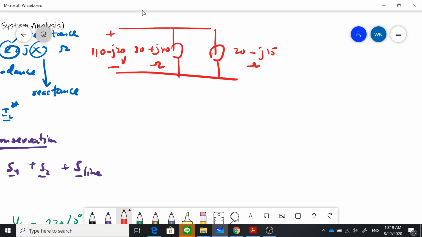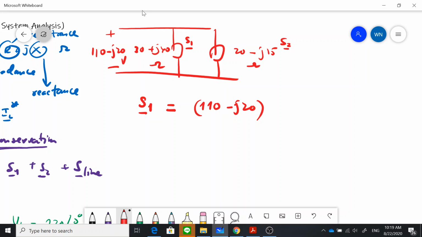Let's denote the power of this first load as S1, and the complex power of the load here as S2. Remember, when I write the underscore here, it means the complex quantity. So when you have S1, your S1 is what? It is a voltage drop V times I conjugate.